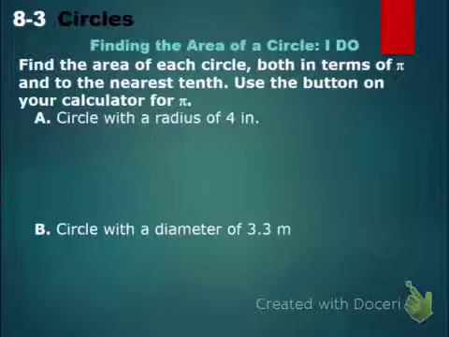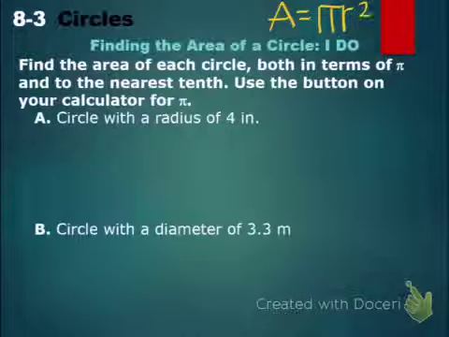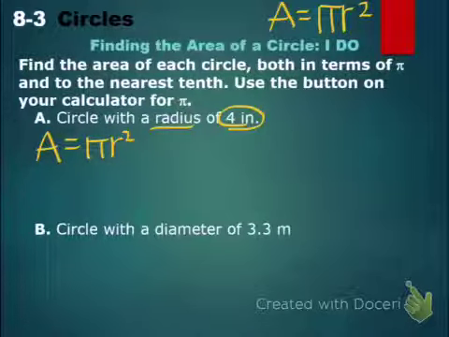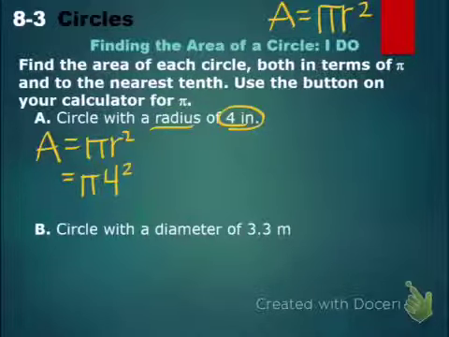So let's do some I-dos. Area equals pi r squared. So if we have a circle with a radius of 4, our formula's area is pi r squared. Substitution, our radius is 4, so we're going to square 4, so 4 times 4 is 16.